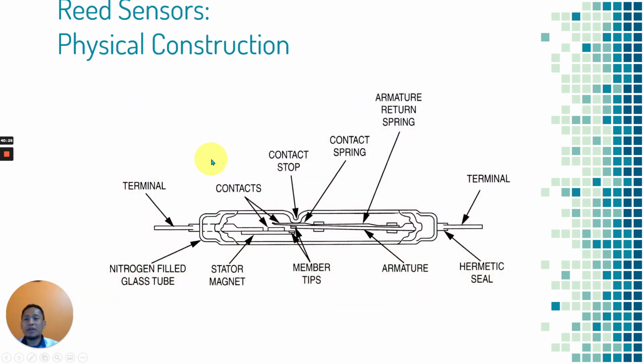Okay, this is the physical construction of the reed sensor. It has a terminal and a contact stop inside the nitrogen filled glass tube, with a terminal at both ends.